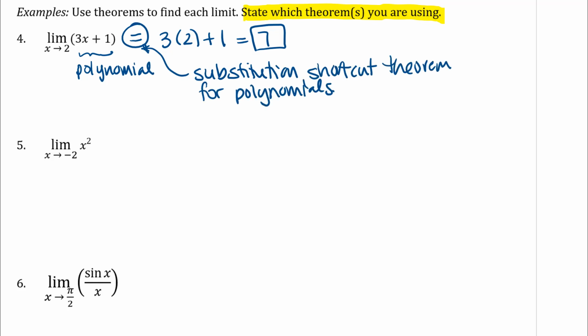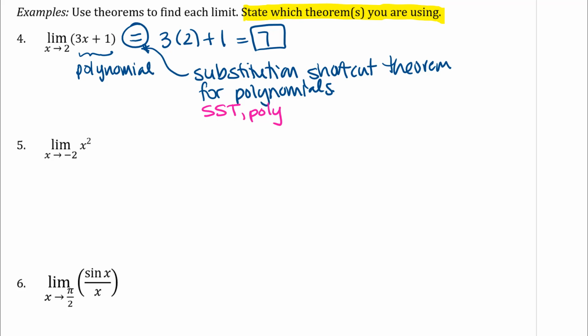All right, so I don't usually want to write all that out, so I will often abbreviate that by writing SST for substitution shortcut theorem. There are a lot of different parts for that substitution shortcut theorem, so which specific part that I used was the one for polynomials. So I'll often write something like SST poly for substitution shortcut theorem of polynomials, just abbreviating there.